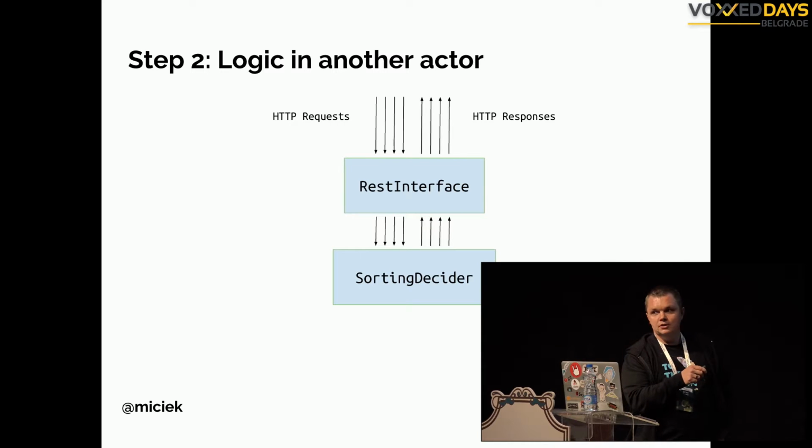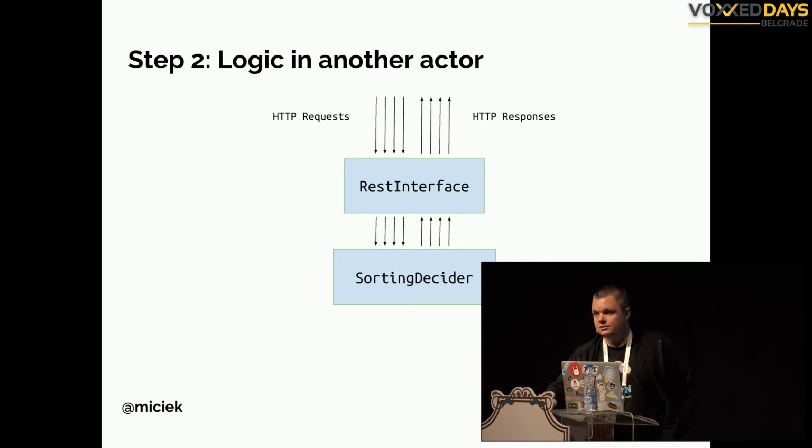But here, there's still just one actor, and it gets the messages with the questions, and it still needs to process them in sequence because it's just one actor. So we just moved the bottleneck downwards, but it's the same bottleneck. That's why we get the same results, okay?